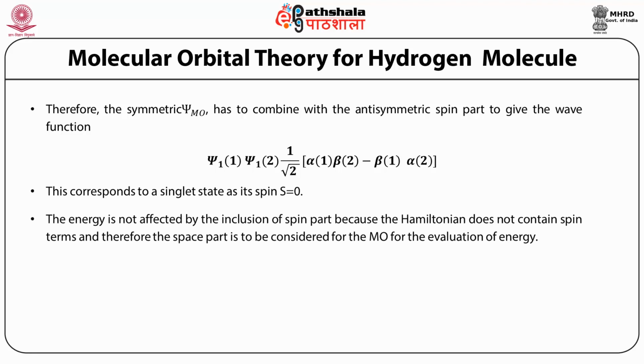The energy is not affected by the inclusion of the spin part because the Hamiltonian does not contain spin terms, and therefore the space part is to be considered for the MO for evaluation of energy.